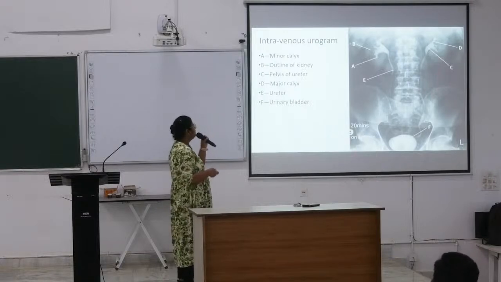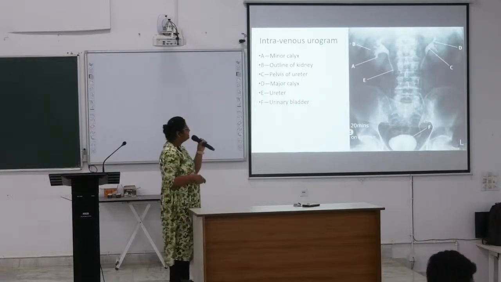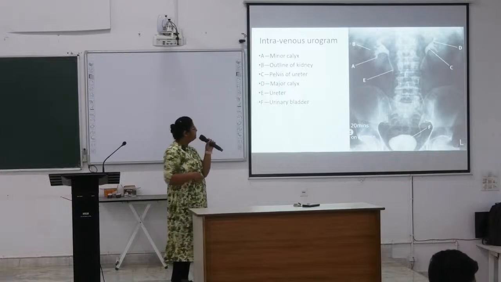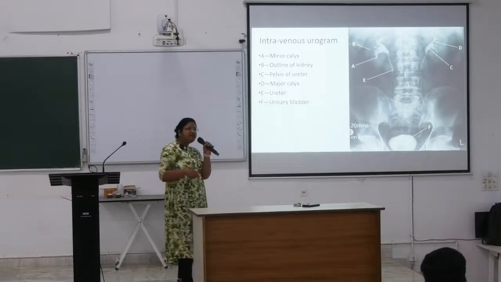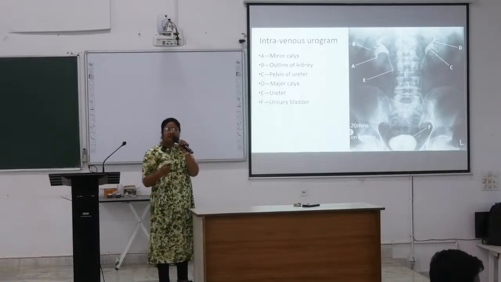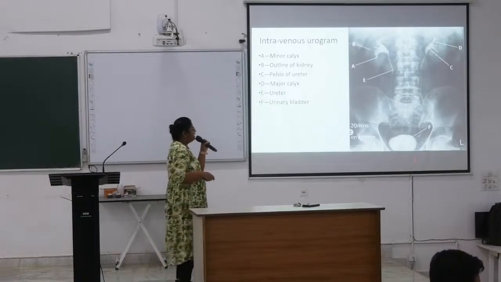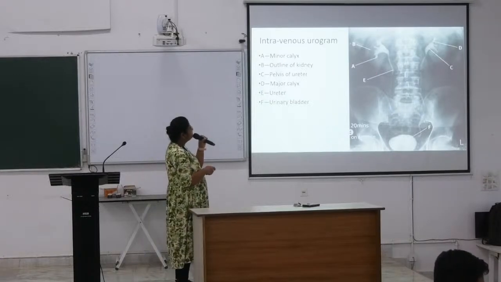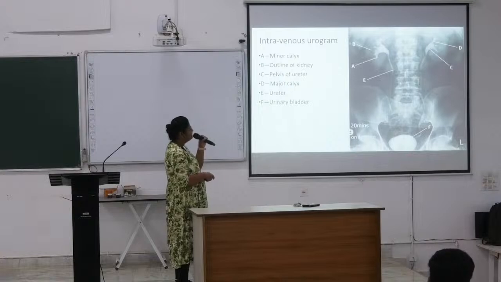A dye is pushed through the urethra into the urinary bladder, retrograde, and dye is extending upward towards the pelvis of the ureter. And you can see the pelvis, the major and minor calyces, and the ureter and the urinary bladder.